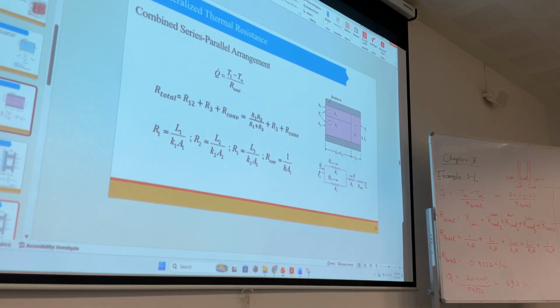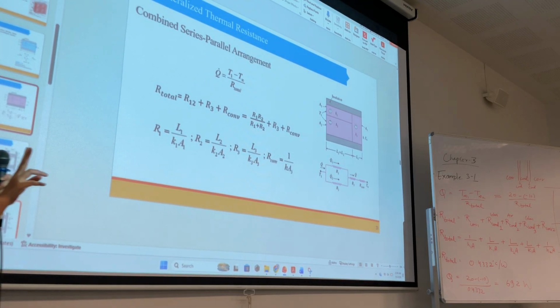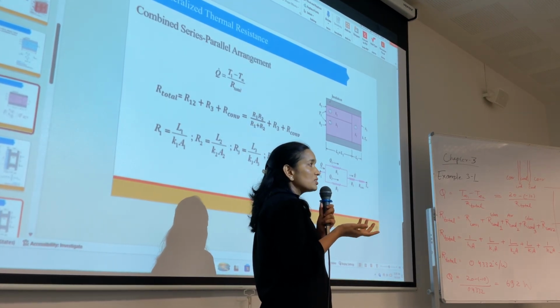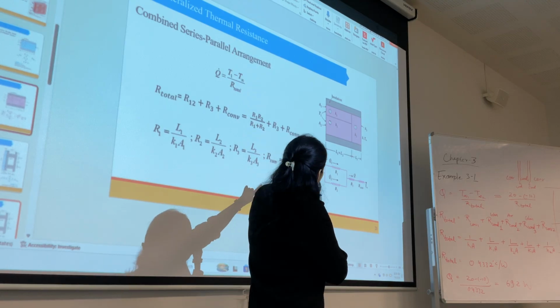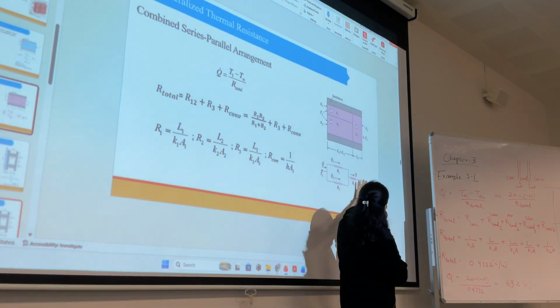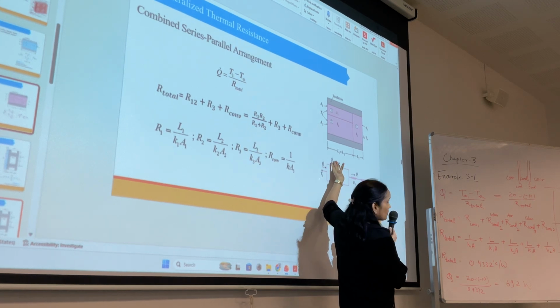So this is series addition. You have two types of addition, right? In circuit analysis, you either add the resistance in series or in parallel. So this is parallel, and this is series. This is series, this is series, and these are in series with this parallel system.